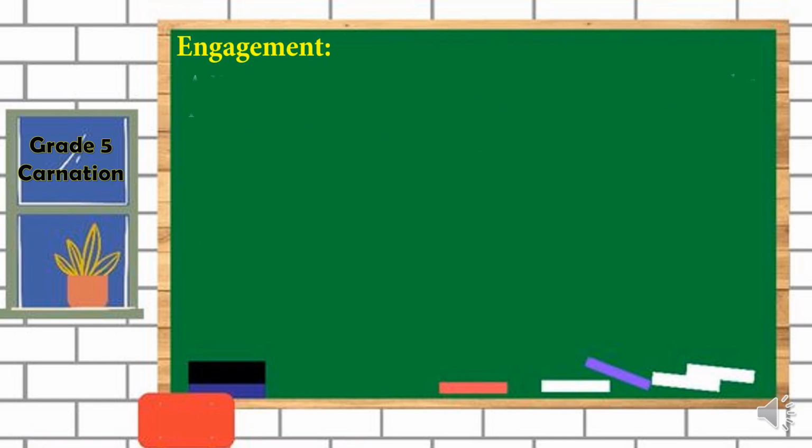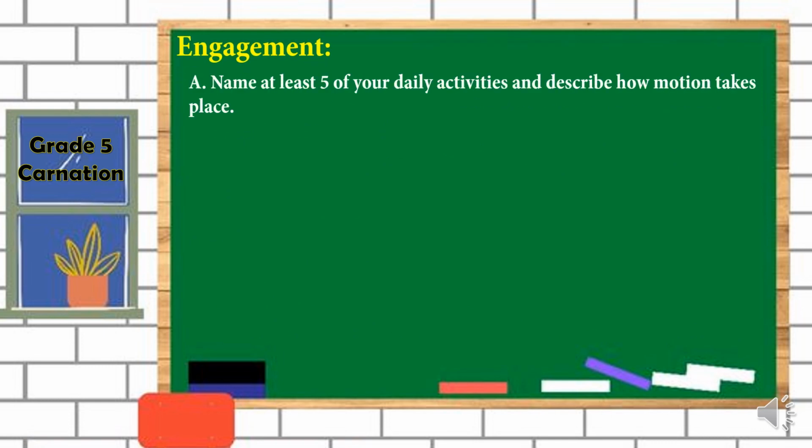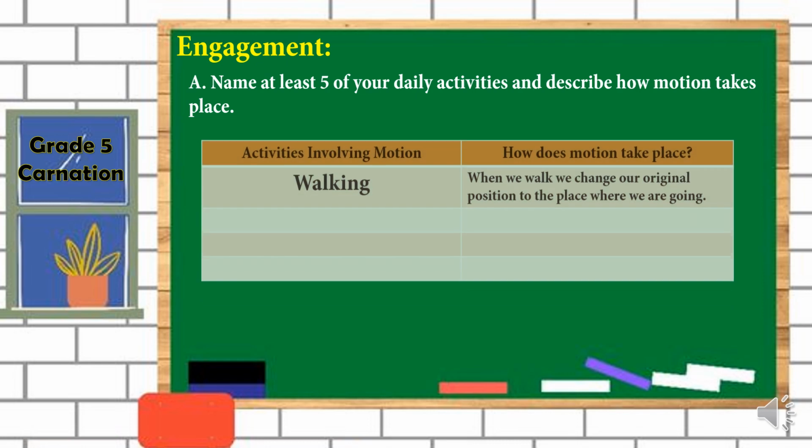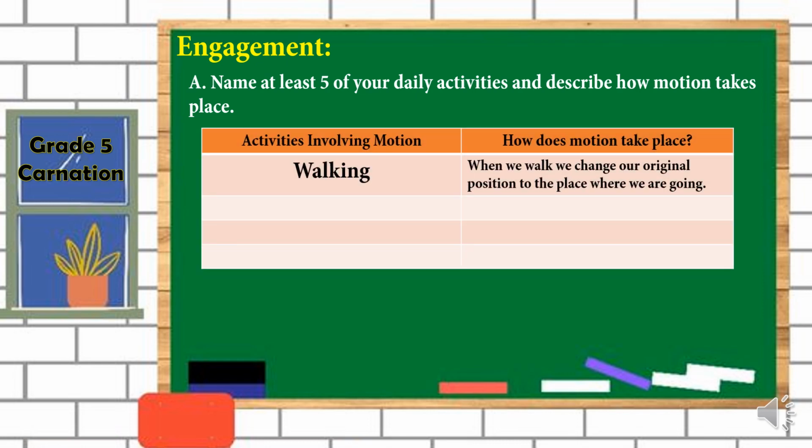For the engagement, for letter A, name at least 5 of your daily activities and describe how motion takes place. So here is the table. So on the first column, we have the activities involving motion. And the second column, how does motion take place.